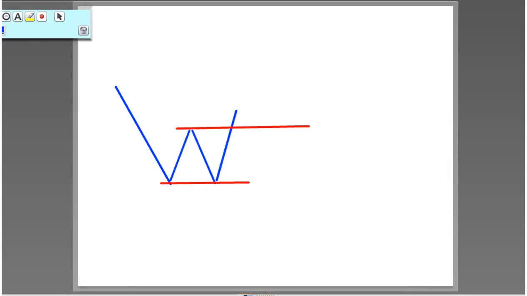Why do you think it's called the W pattern? Because it looks like a W. Now, there's two kinds of W's, aren't there?